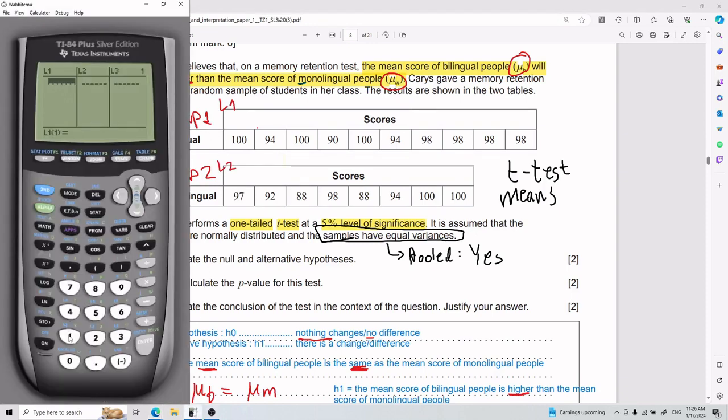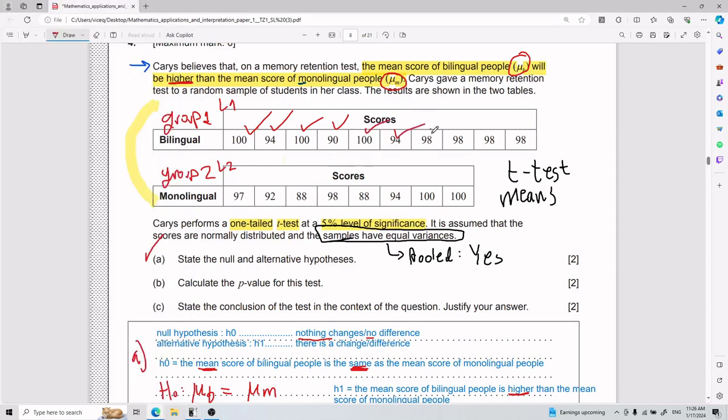So I literally put in the list that I have there. It's 100, 94, 100, 90, 100, 90. And now you guys know what's going on. So 100, 94, 98, 98, 98, 98. That is all the rest of these.